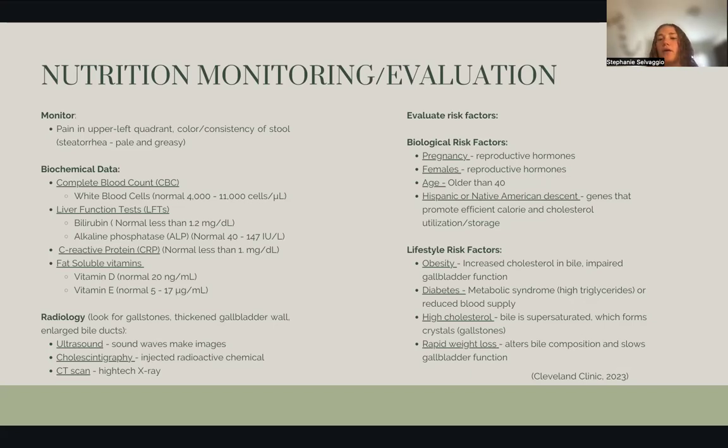And then watching our rapid weight loss. So with obesity and diabetes, you can do slow and steady weight loss, and that'll help lower those risk factors a little bit. But again, with rapid weight loss, we have to be careful about how much weight we're losing, and how quickly we're doing that, because that can alter our bile composition and slow gallbladder function.